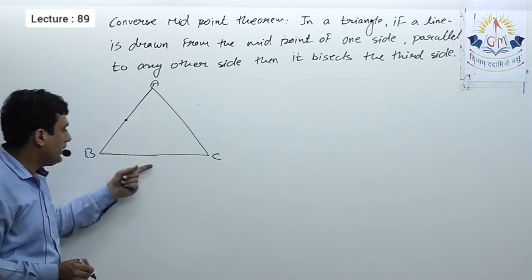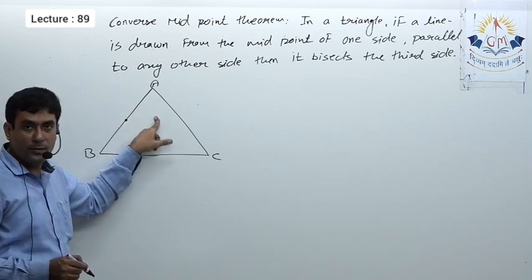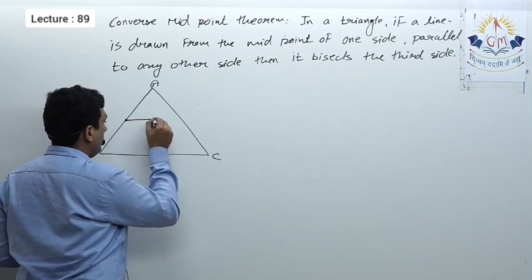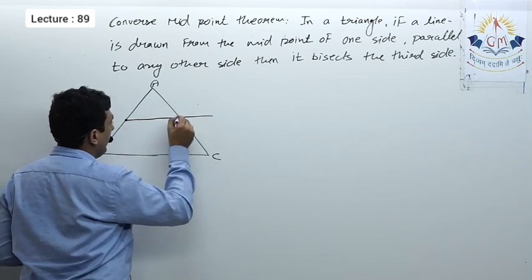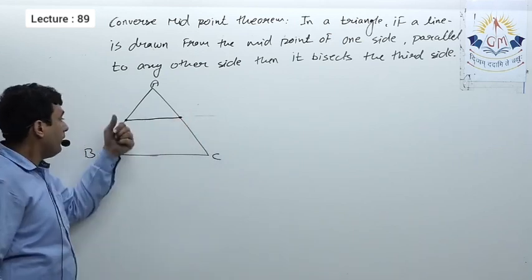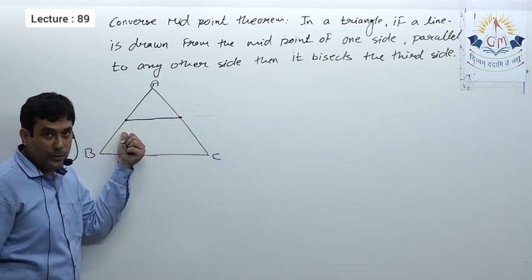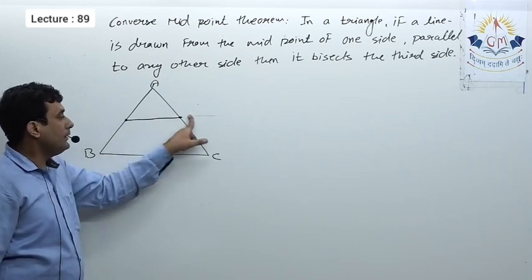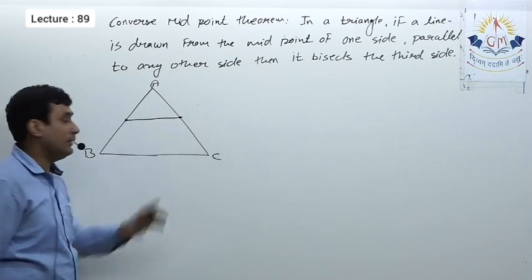Either I will draw parallel to BC or parallel to AC. So here I'm drawing parallel to BC. Then this line will bisect the third side. As I drew it from the midpoint of AB parallel to BC, it will bisect the remaining side, that is AC.